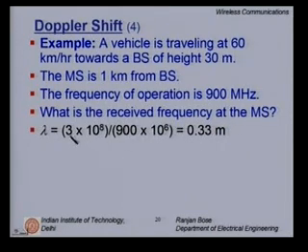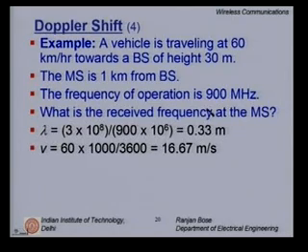Wavelength is given by the speed of light divided by the frequency, which is 900 megahertz, and it comes out to be 0.33 meters. So about 30 centimeters is the wavelength of a 900 megahertz GSM band. The speed of the mobile in meters per second is 16.67 meters per second, which is 60 kilometers per hour.